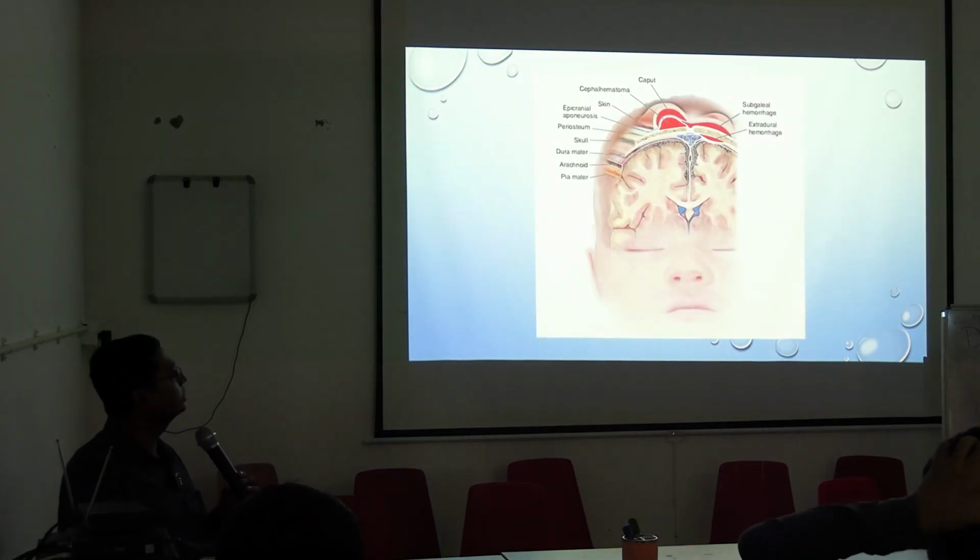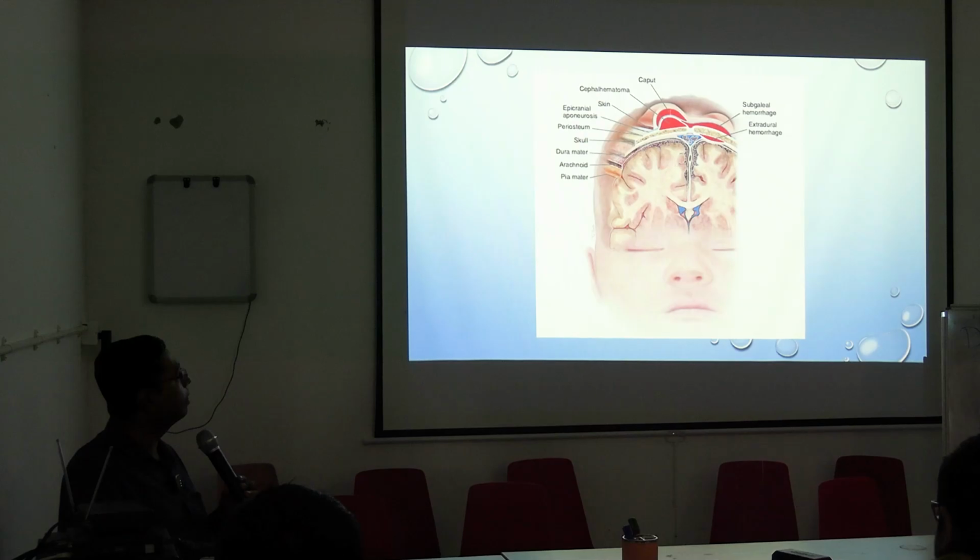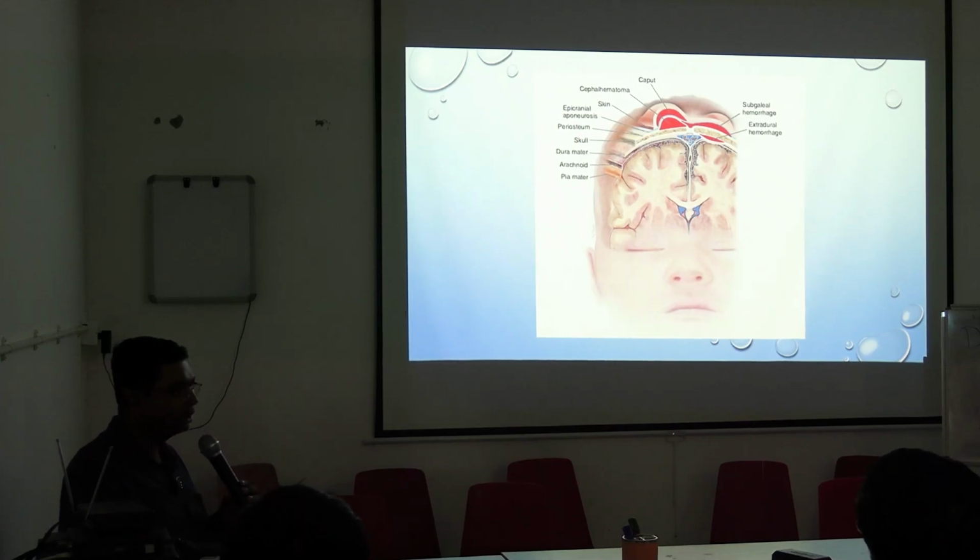Now, third type of hemorrhage. See, just above the periosteum there is the galea aponeurotica.